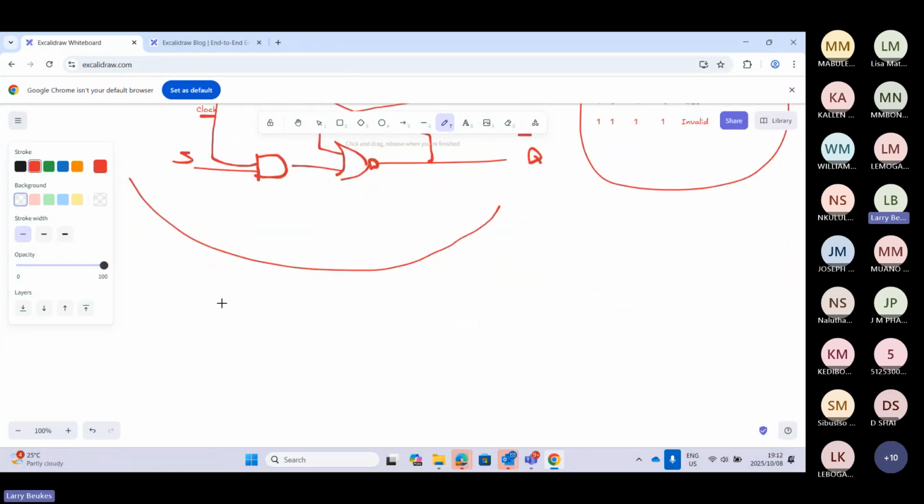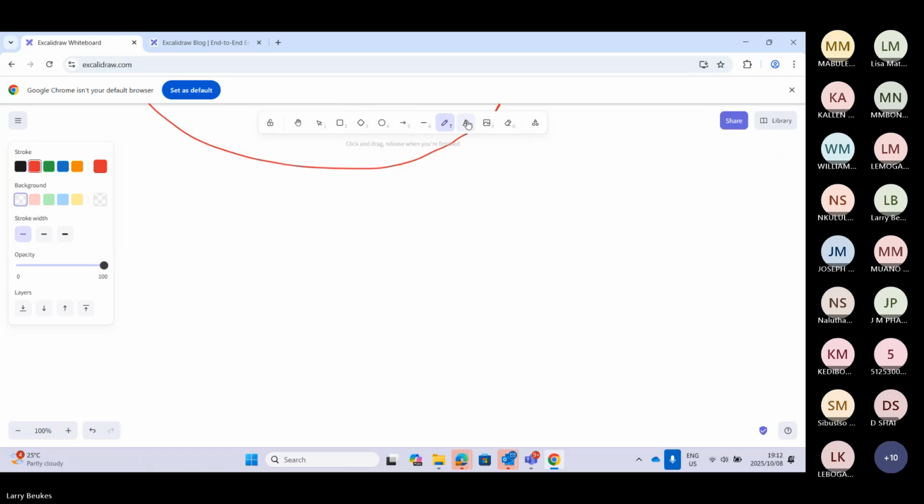Okay, now let's jump quickly to the JK flip-flop, right? The JK flip-flop will have two inputs called J and K, right?